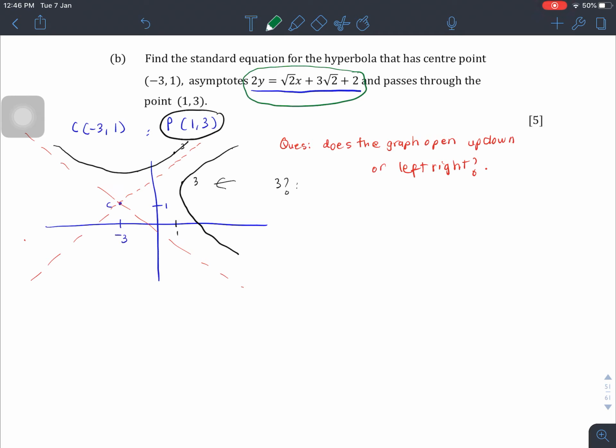So if you rearrange this equation, you have y equals root 2 over 2 x plus 3 root 2 plus 2 over 2.